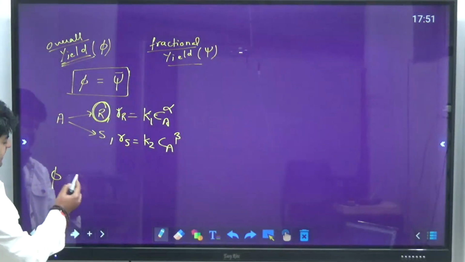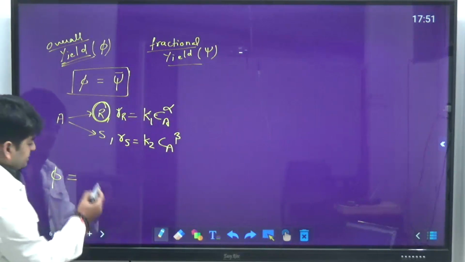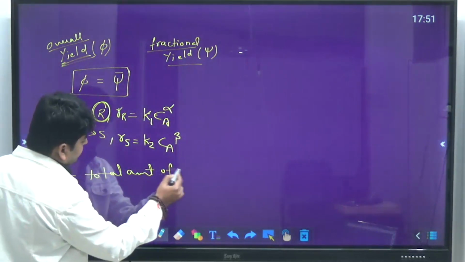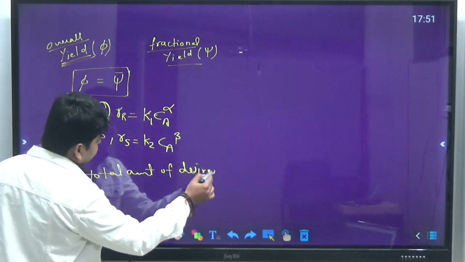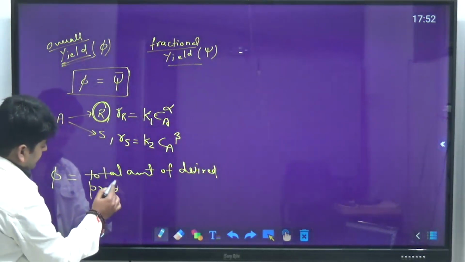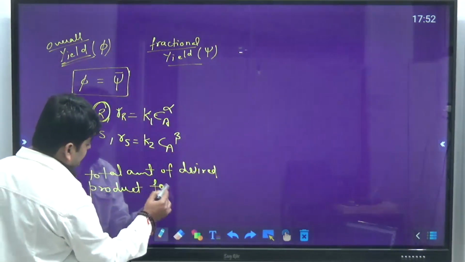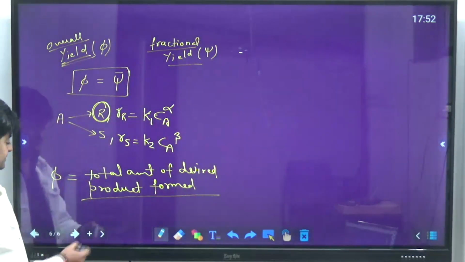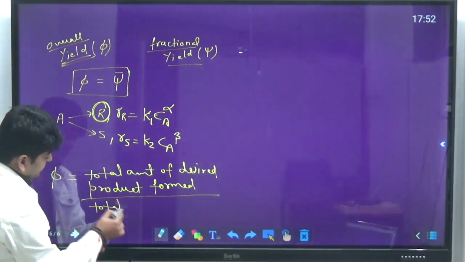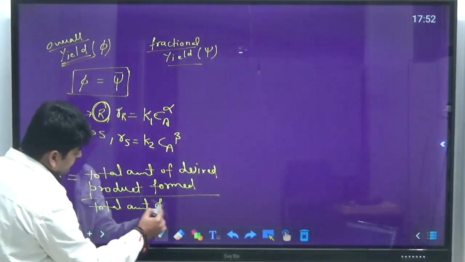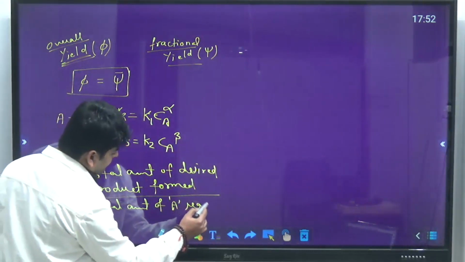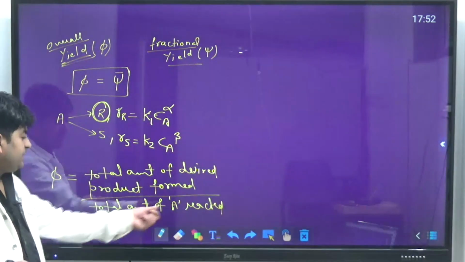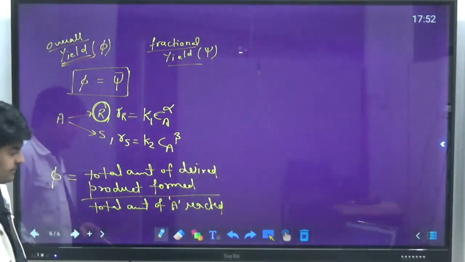So overall yield is defined as the total amount of desired product formed to the total amount of A reacted. And remember, if we have more than one reactant, we will consider the limiting reactant here.